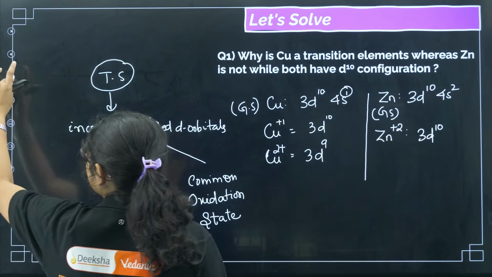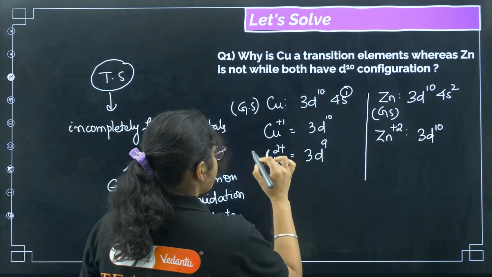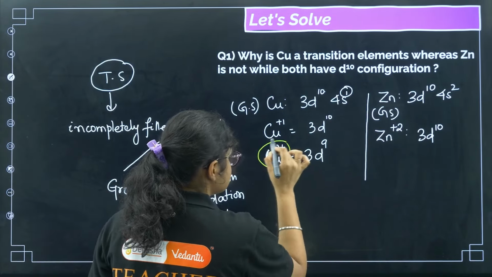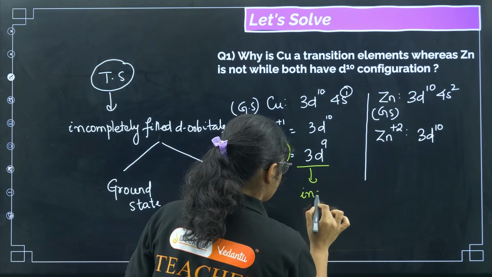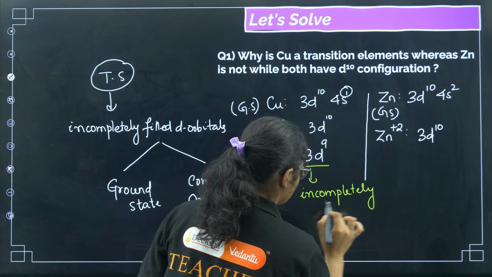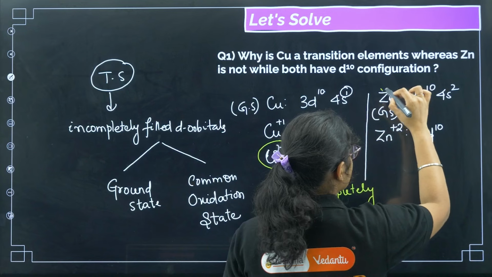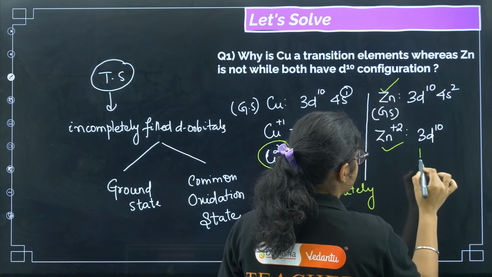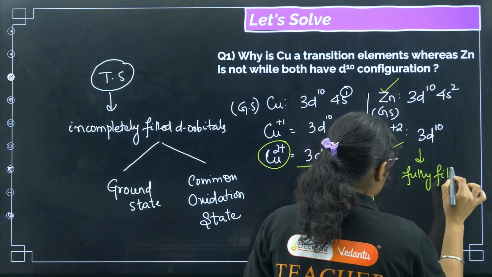Now you see that for copper, in one of the common oxidation states, that is Cu2 plus, the d orbital is incompletely filled. But for zinc, in the ground state and in the common oxidation state, the d orbital is fully filled, right?